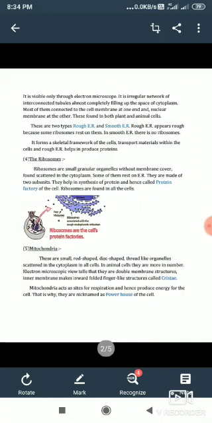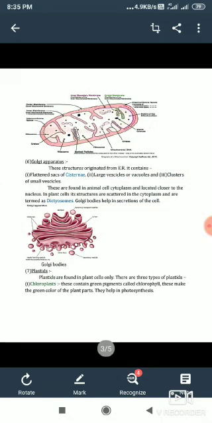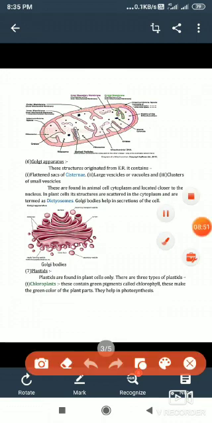Before we go on to the next organelle, let us observe this mitochondria electron microscopic structure. Look at that, the outer membrane. It is labeled outer membrane. Here are cristae, labeled as cristae.